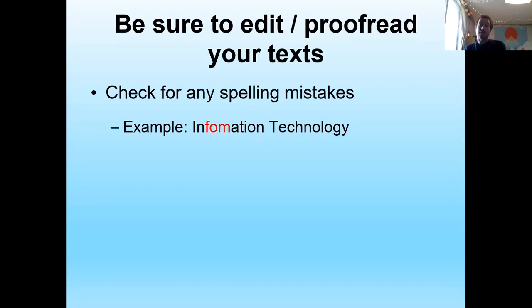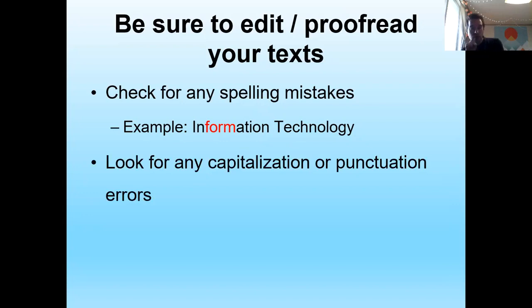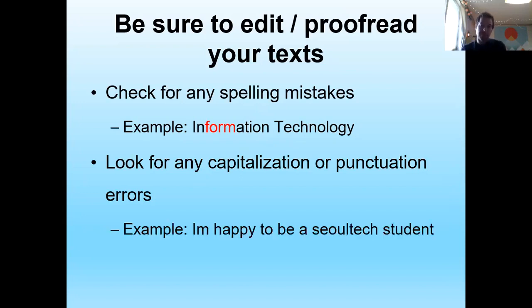Information. Also, look for any capitalization or punctuation errors or mistakes. What's an example here? Actually, there are two. I'm is missing the apostrophe, and Soltech should be capitalized, just like that.